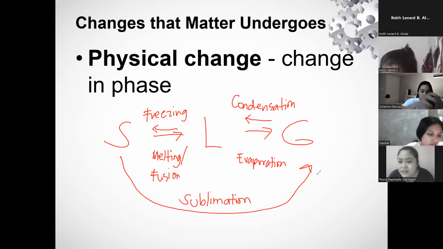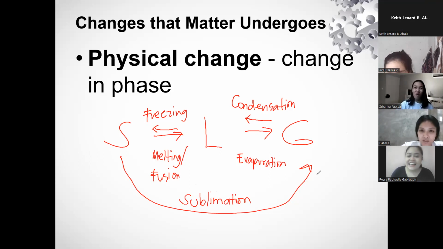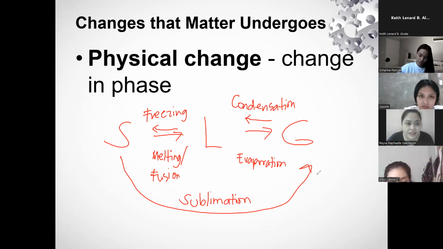You know naphthalene balls, right? Mothballs. Yung ginabutang nila sa cabinet. Very good. That actually undergoes sublimation. Why? From solid, di ba? Mothballs are solid. And then automatic magiging gas yan siya. So even though you cannot see the solid material anymore, you can still smell the odor of the mothballs, the naphthalene balls. So that's sublimation.